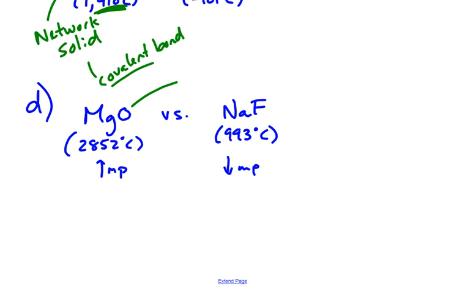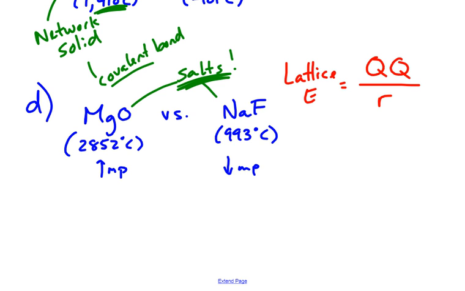All right, these are both salts, and this was on our practice test. Salts come together, they make a crystal lattice. So it's actually lattice energy. It has to deal with Coulomb's law. And simply put, it deals with their charge versus their size.